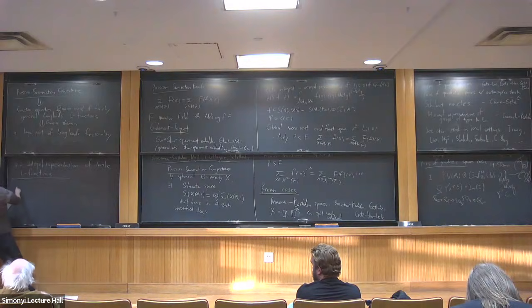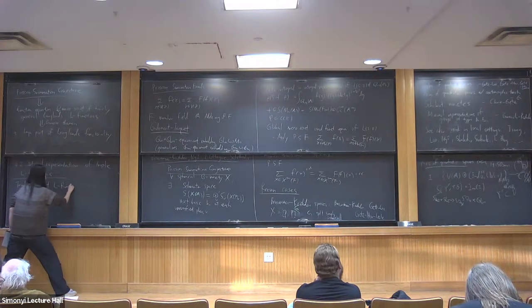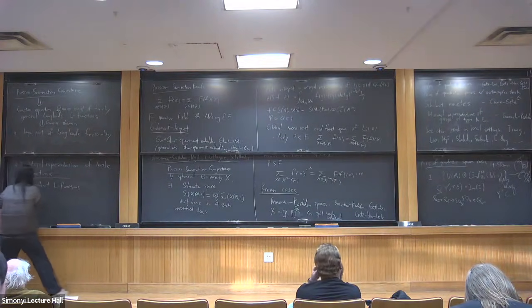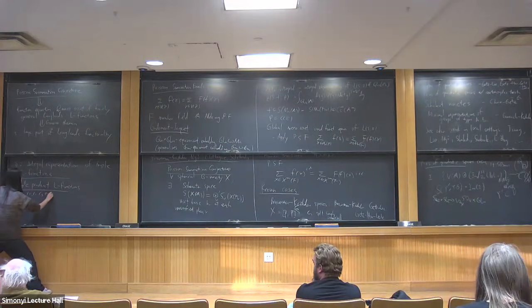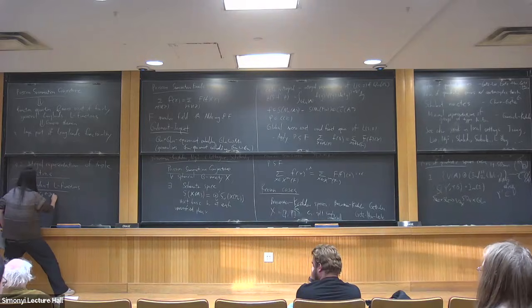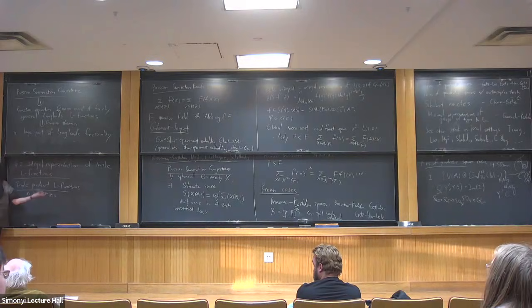So I'll first define what we call the triple product. So first, let R1, R2, R3 be positive integers. And then, what are you on, GLN? Yes, GLN, 3 copies of GLN.